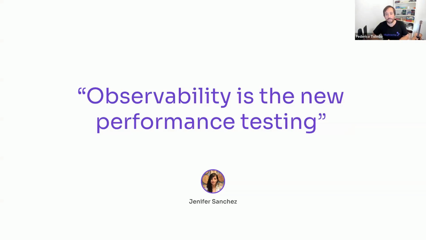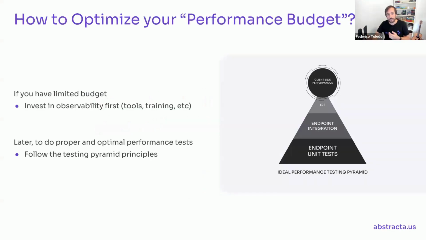Observability is the new performance testing, and I really believe that, as I've seen that many performance testers now are working in observability as a way to solve the same issue. For me, it's also another thing to do. It's really important to have a good observability and monitoring system to control what's happening in production.